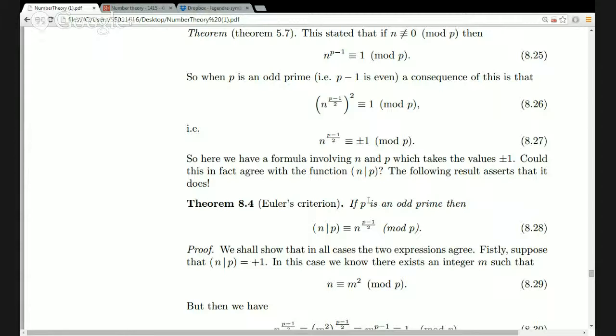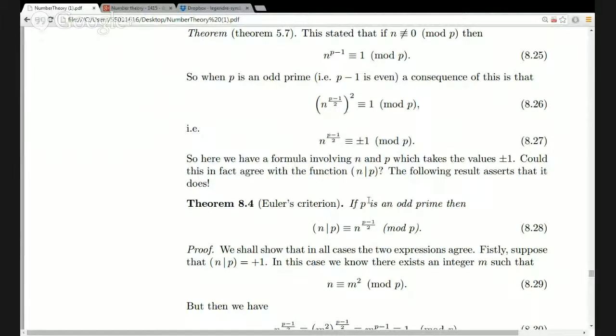Look, note that previously, just here, we found solutions to the polynomial congruence.